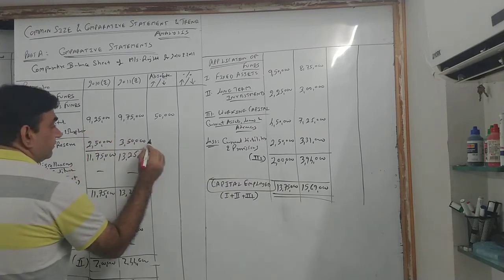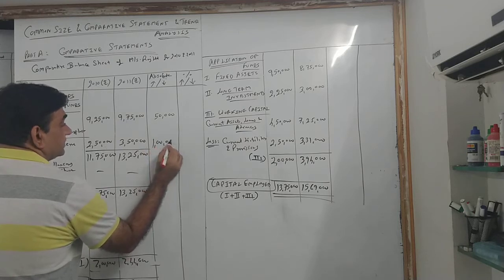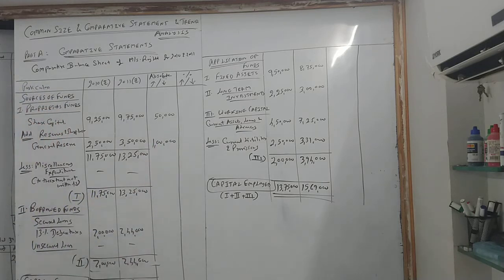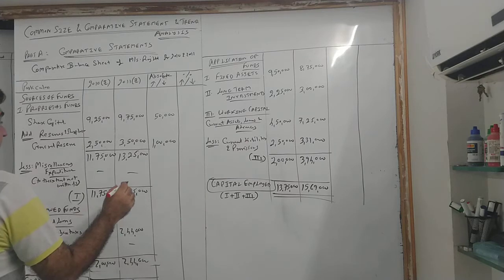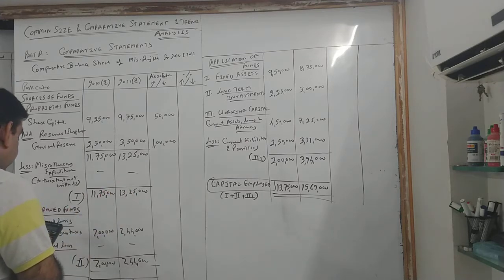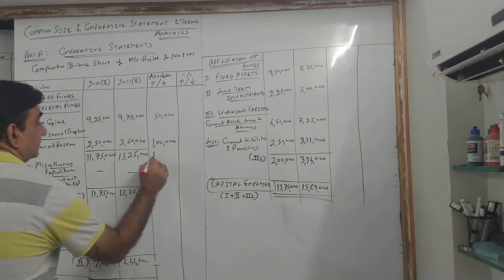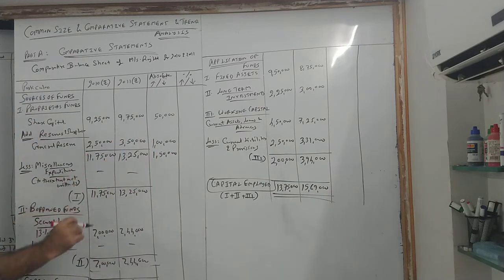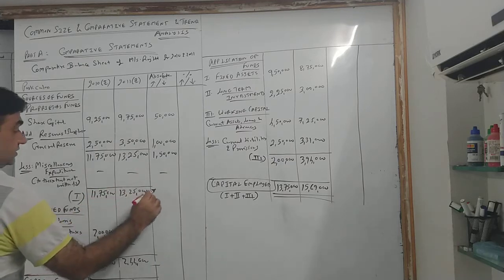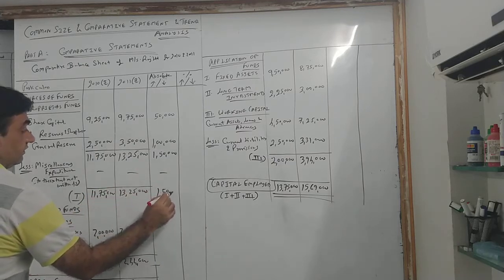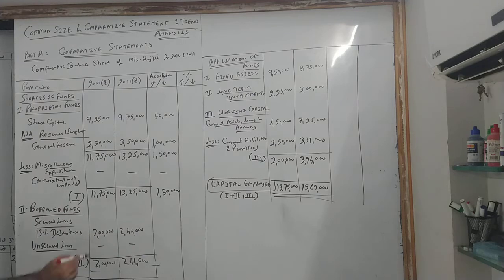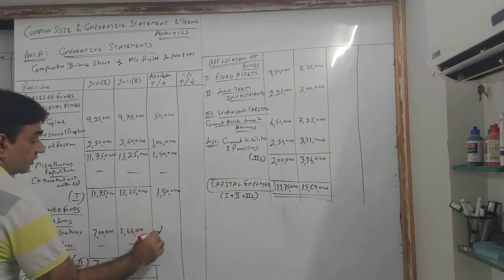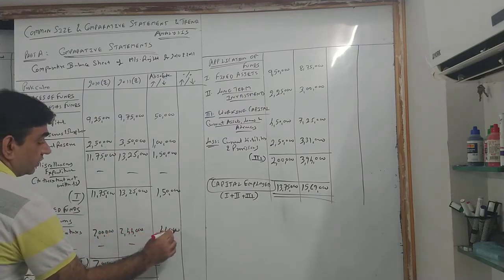250 became 350. That means increase of 1 lakh. Okay? Then 1175 became 1325. Increase of 150. All these are independent. Here no change. This also is 1 lakh 50. 2 lakh became 244. Increase of 44.